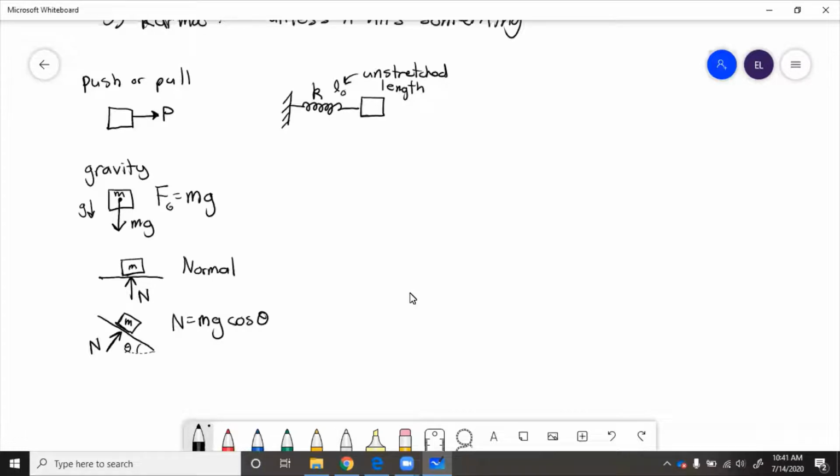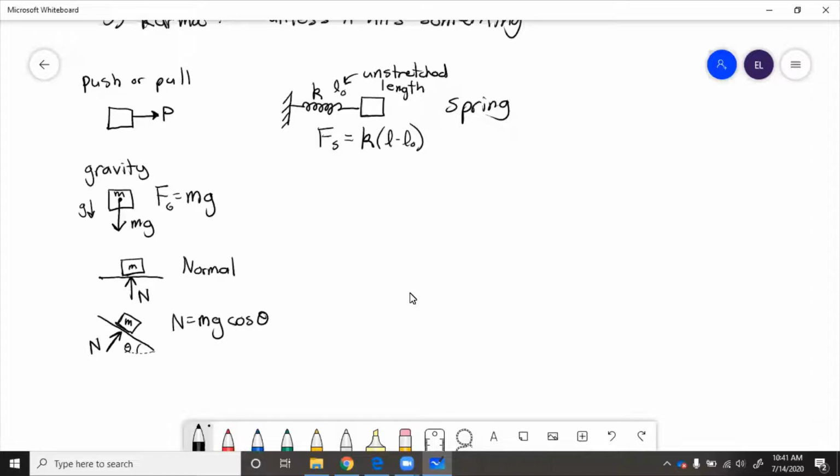And then the spring force from the spring equals K times (L minus L initial). The spring constant K is a constant value that will be given in the problem. L is the current length and L initial is the unstretched length.